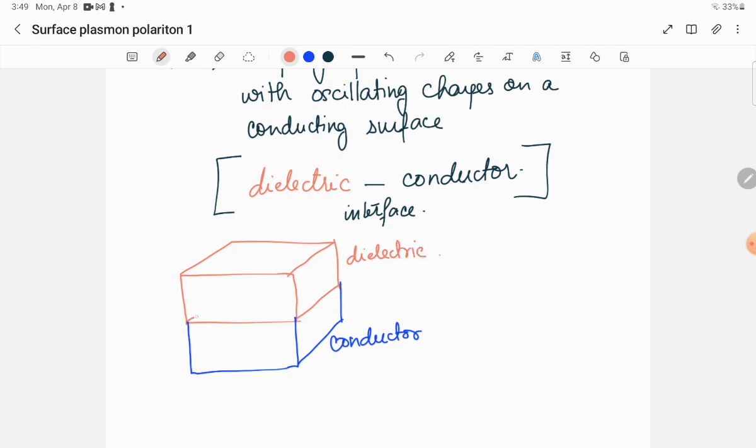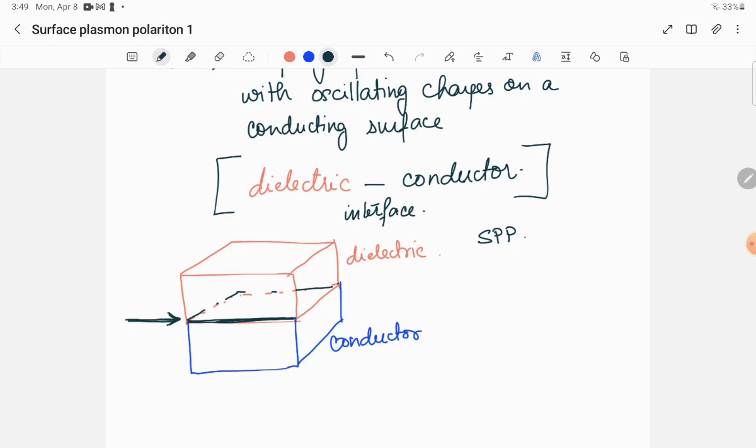This interface is where the surface plasmons will be created. To create the surface plasmon polaritons, we need an electromagnetic wave, we need photons. The way we do it is you shine light where the propagation direction is in the plane of the interface.